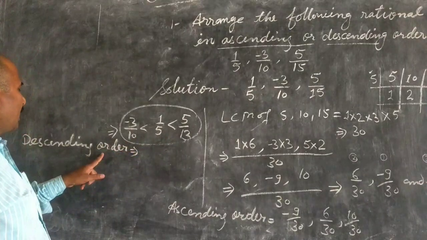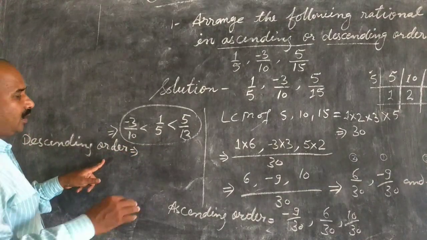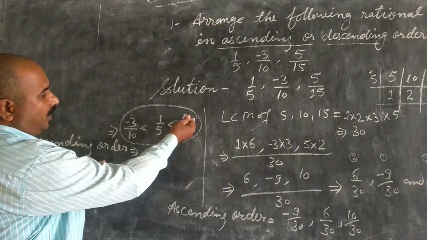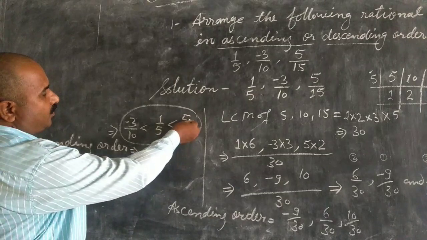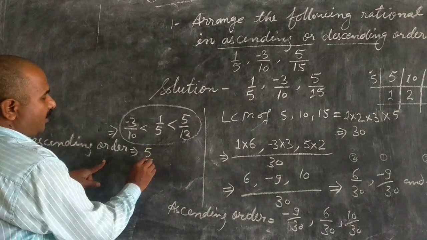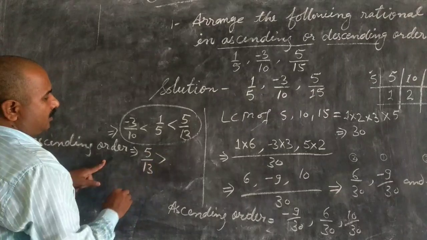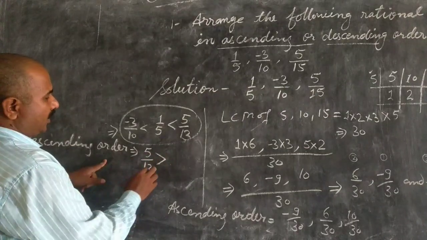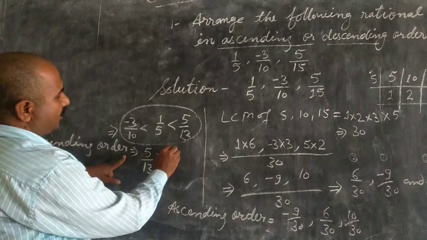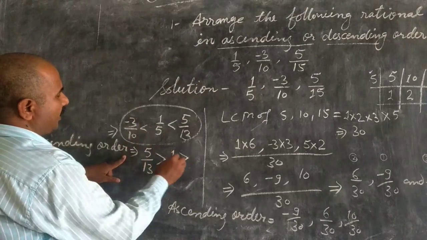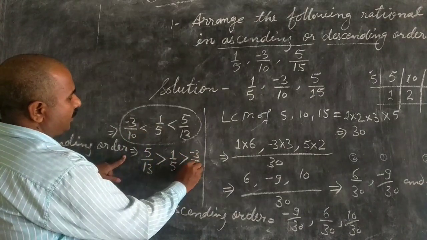So in descending order, largest to smaller, you can see in these numbers 5 by 13 is the largest number. So you write 5 by 13. This is the sign of greater. After that you write 1 by 5 and after that minus 3 by 10.